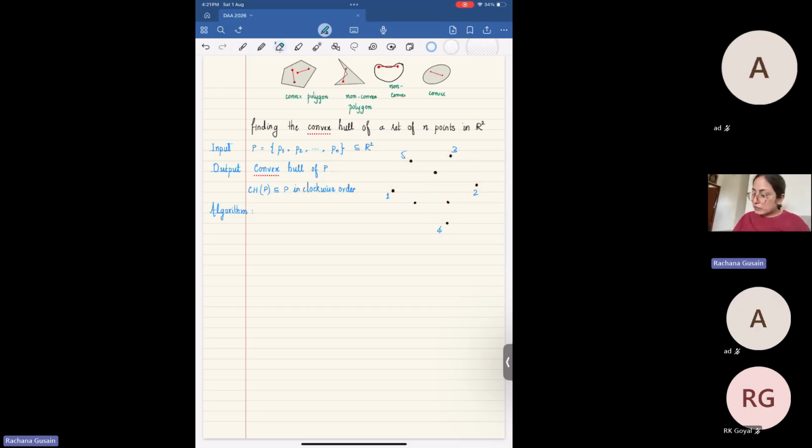So that is the reason we want to report these points in clockwise or anti-clockwise order, right? So in clockwise order, I'll report these points, and then the polygon actually has the shape I'm looking for. So that is the relevance of this ordering, why we want a clockwise or anti-clockwise ordering.